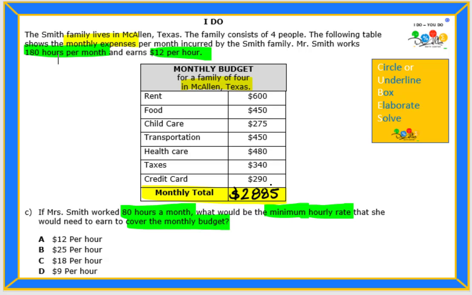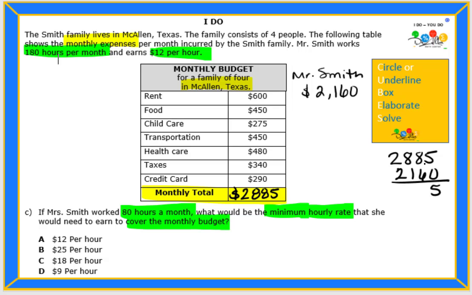We also figured out that Mr. Smith's income was $2,160. And so when we found the difference of those two in the last question, we found out that the Smith family needs $725 more to cover their expenses.